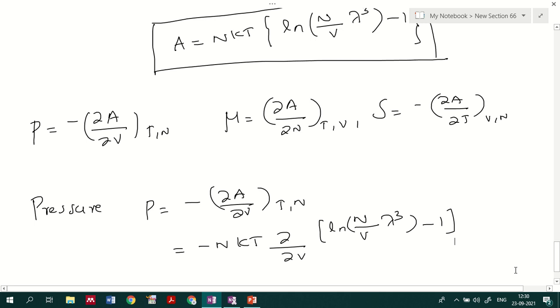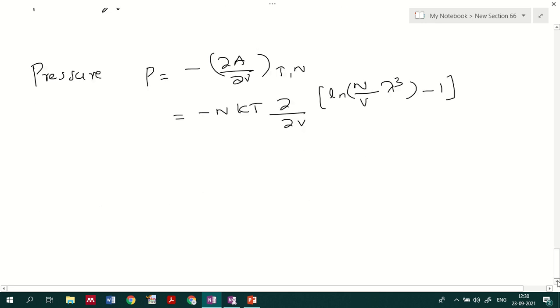Now if you do so, you will get minus NkT times 1 over (Nλ³ divided by V), because we are taking the derivative of the logarithm. Then we have to multiply by Nλ³ into minus 1 by V squared.